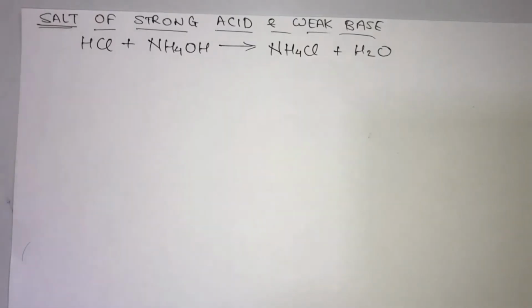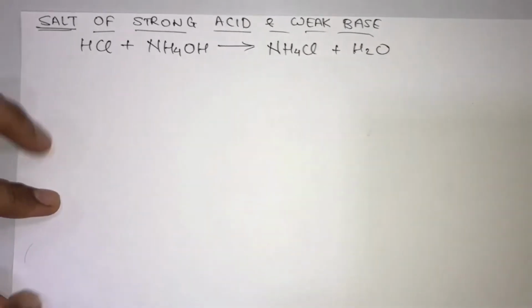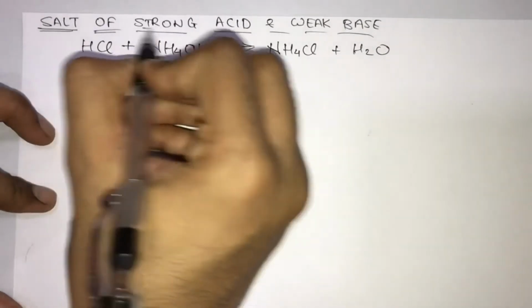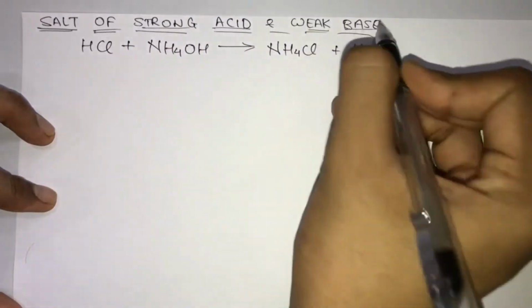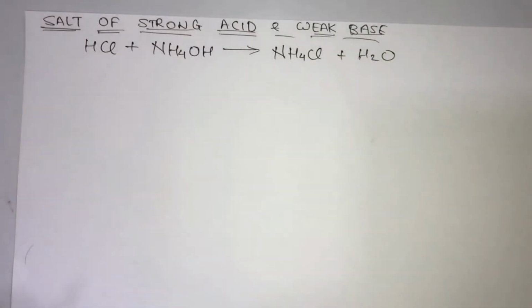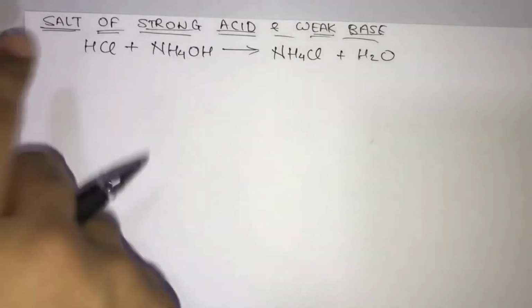So guys, now I'm going to teach you on my page, because in this part there is something that I need to explain to you all, and I can do it better on a page. Okay, so let us understand whether the salt of strong acid and weak base will undergo hydrolysis or not, whether it will get hydrolyzed or not.